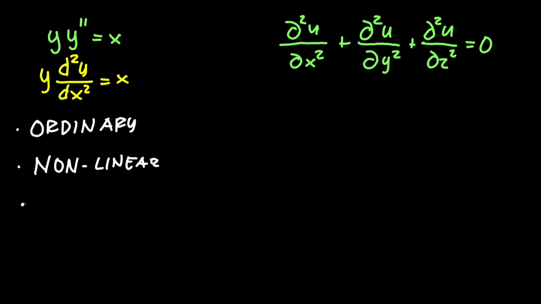Next up, to identify the order or the highest derivative. The highest derivative here is y double prime, which makes it 2. And so, the exponent of the highest derivative is equal to 1. So, the degree is equal to 1.